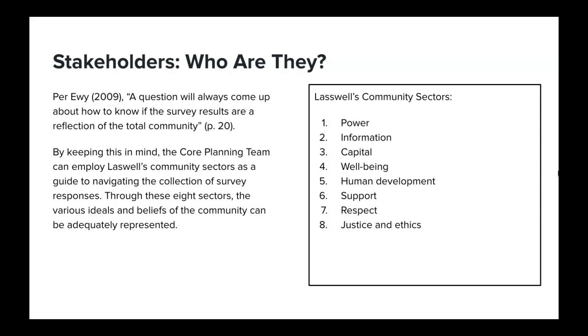So this is something that we navigate as we go through that collection of the survey responses. And as you can see, those sectors are power, information, capital, well-being, human development, support, respect, justice, and ethics. So we want to have questions that work well with the information that we're seeking to find, and we ultimately want to have a reflection of the entire community whenever we're doing this.